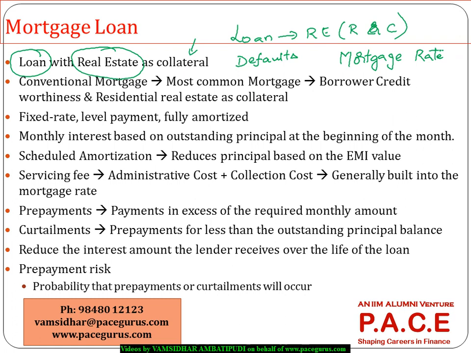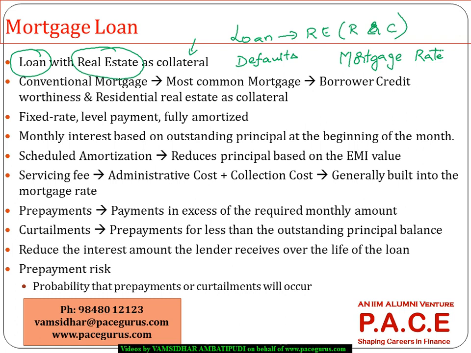And the most common form of mortgage which we see is the residential mortgage, for which the bank or any lender assesses the creditworthiness of the borrower and gives a loan against which they get the underlying residential real estate as the collateral.